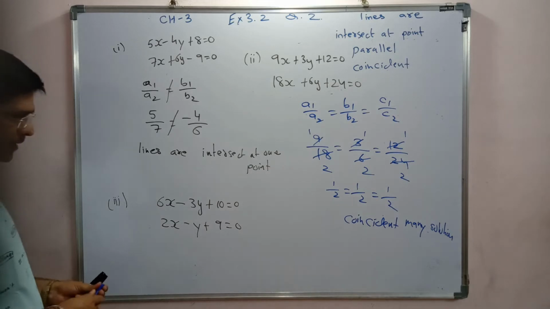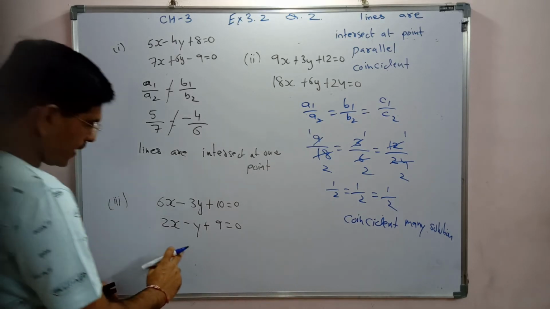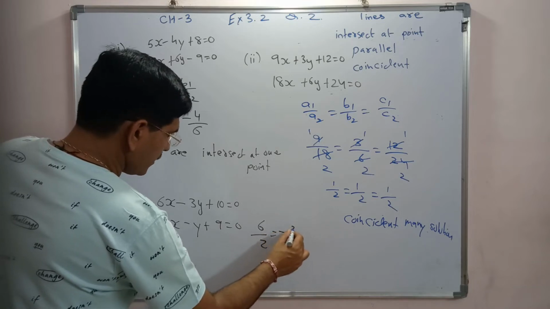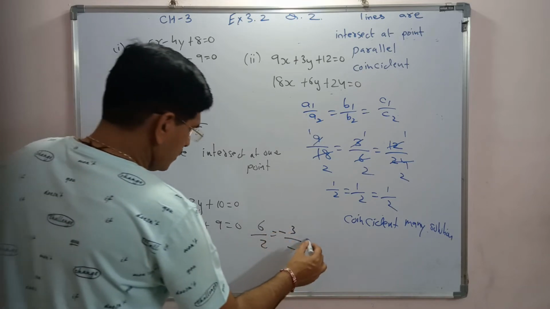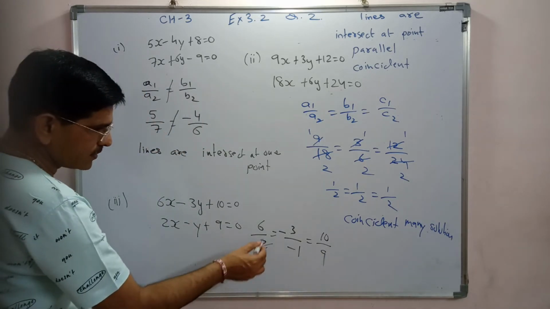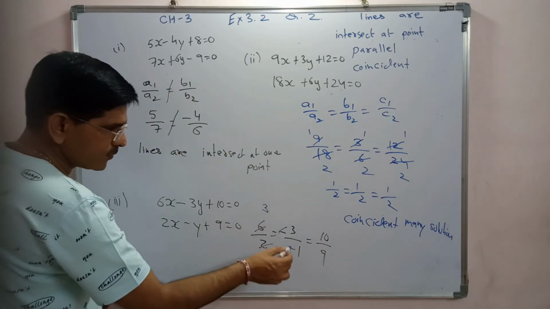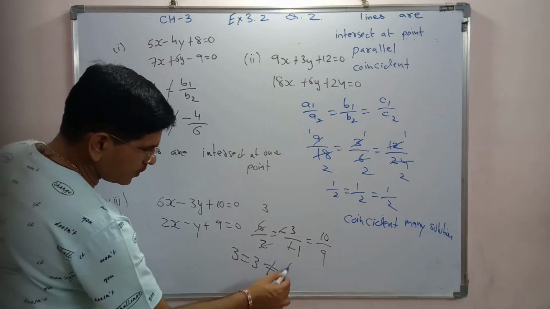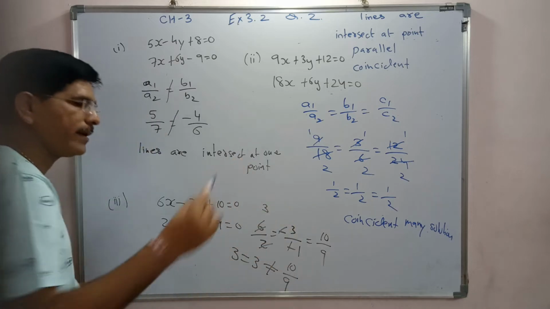Now the third we have to see. Again 6 by 2, minus 3 upon minus 1, is equal to 10 upon 9. If we cancel, 3 is equal to 3, which is not equal to 10 upon 9.